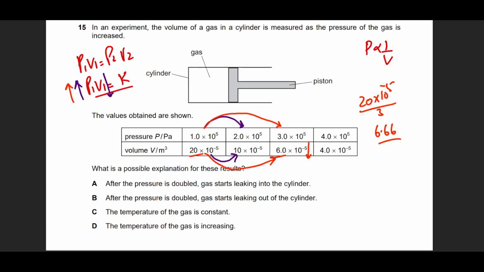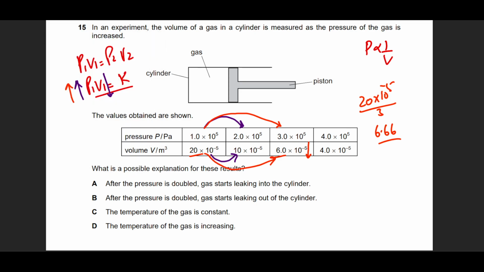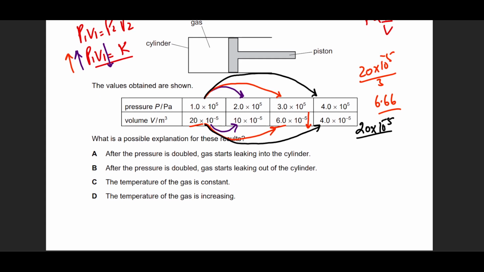It is less than expected. Let's move on to the next option. I have increased the pressure 4 times, so the volume should decrease 4 times. So if I divide 20 into 10 raised to the power minus 5 by 4, my answer should be 5 into 10 raised to the power minus 5, but my answer is 4, less than expected.